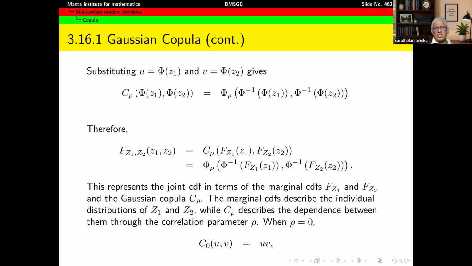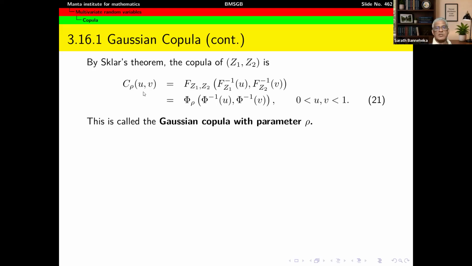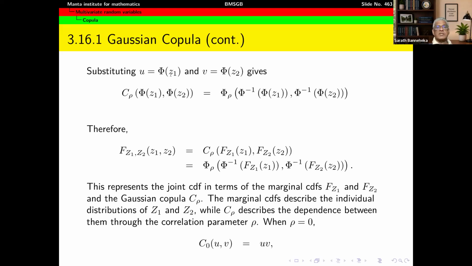In order to see how F_{Z1,Z2} is written as a function of F_{Z1}, F_{Z2} separately, we can expand that, right? So this C_rho is given like this, because u and v now we can replace, because u is equal to Phi(z1) and v is equal to Phi(z2).